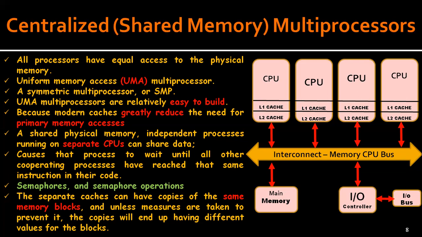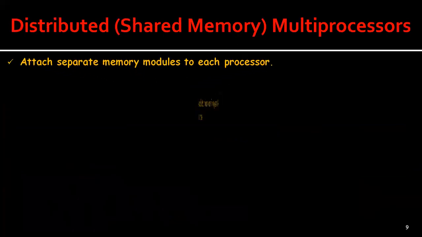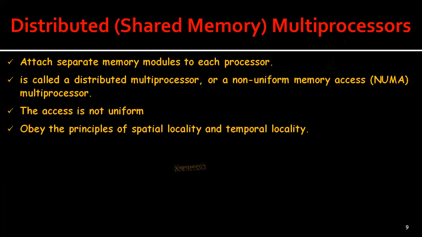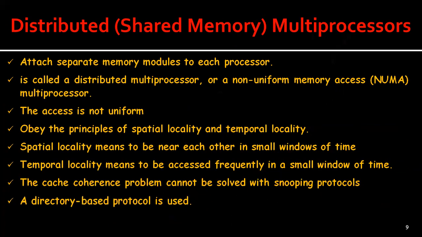Then coming to the distributed shared memory multiprocessors. In centralized memory multiprocessors, the shared access to a common memory through a bus limits how many CPUs can be accommodated. Another alternative is to attach separate memory modules to each processor.